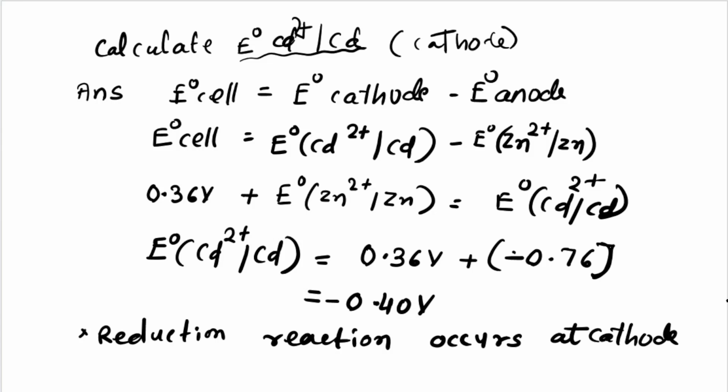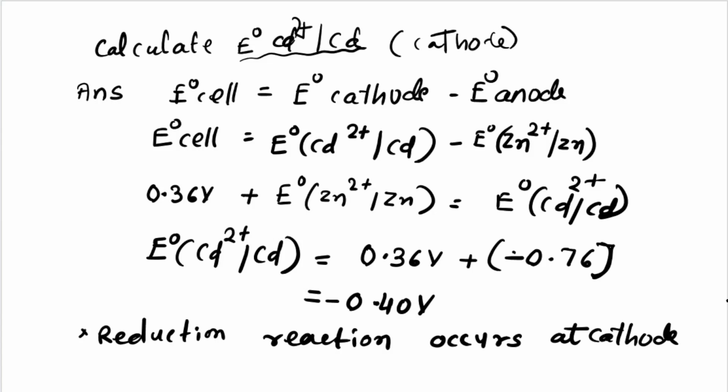So which is less? That is, zinc electrode potential is less. And what is the E0 cell? Standard electrode potential of the cell. It means both half cells are involved here. One is cathode, other is anode.